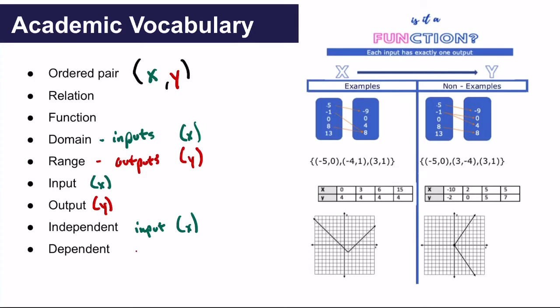And our dependent would be our outputs because our output is dependent on what we put in. So if I say I want the number one, well, that one is independent. And then whatever we get on that output is dependent on that number or the input we had.